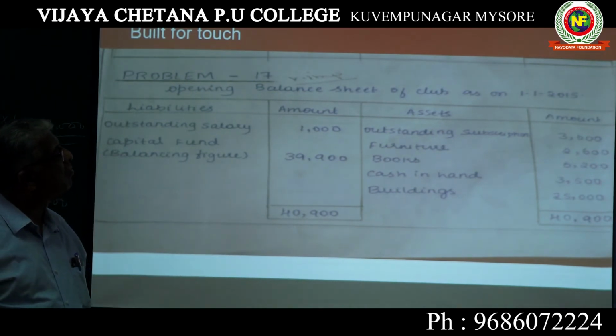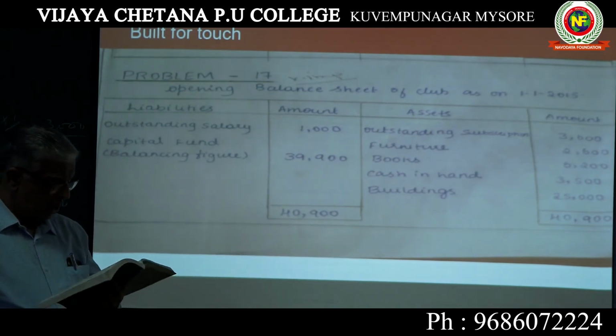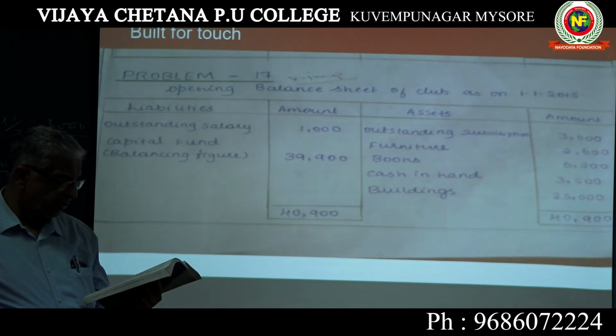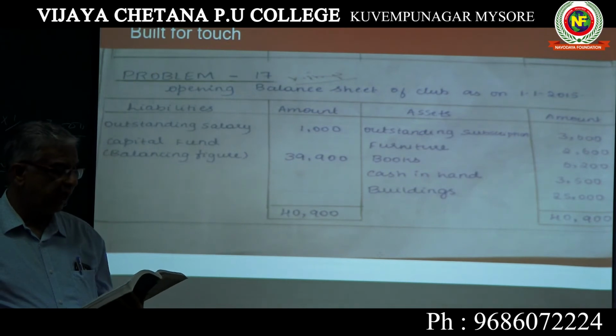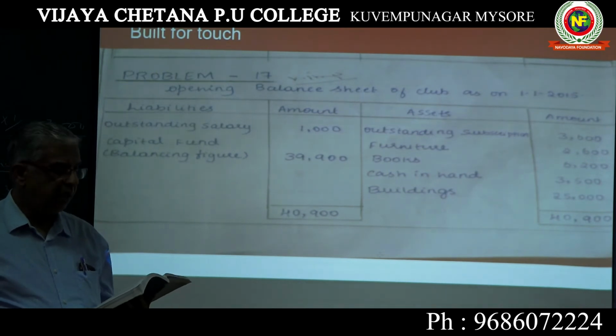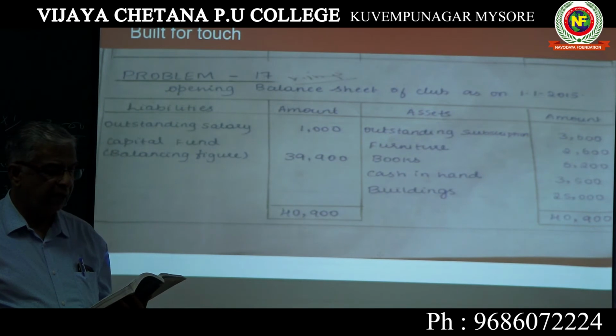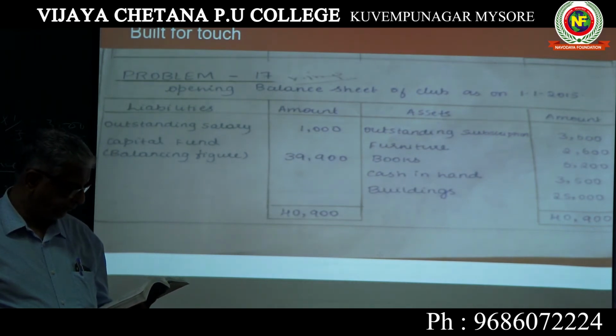Outstanding subscriptions. Before that I will read this out. From the following receipts and payments account of a club, prepare the income and expenditure account for the year ended 31st December 2013 and the balance sheet as on that date. Here he has given the receipts and payments account for the year ending 31st December 2013.